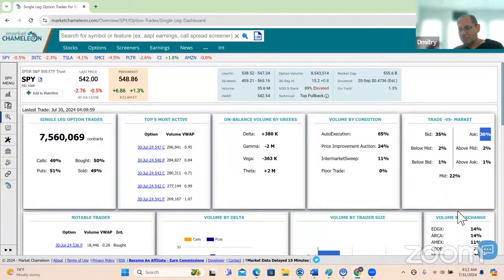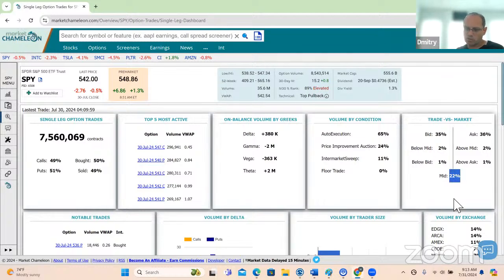If it happens at $1.02, it's closer to the bid. Or it could happen right in the middle, like $1.05. So let's break it down and say, all right, let's use first the midpoint. How many traded right at the midpoint of the bid and offer? That was 22%.